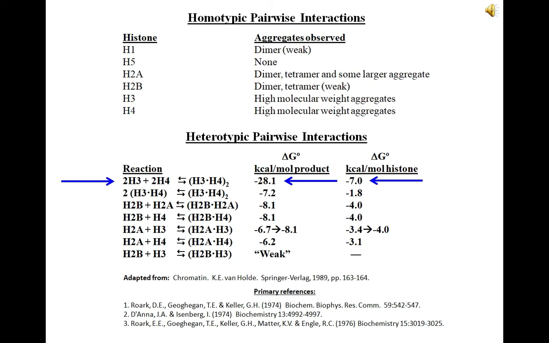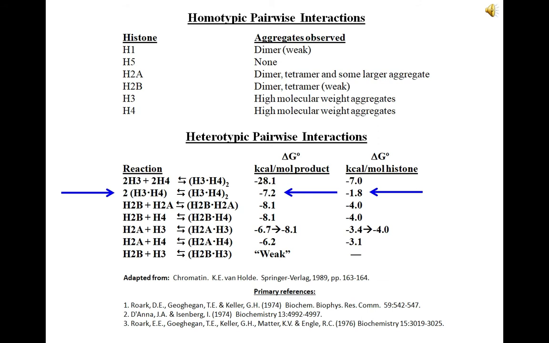By comparison with the next line of data, just below the arrows, we may perhaps be justified in presuming that the lion's share of the free energy change for H3-H4 tetramer formation is to be found in the tendency of individual H3 and H4 subunits to first form dimers, because the next step, association of pairs of H3-H4 dimers to form tetramers, is no more favorable than the tendencies of the members of any of the other heterodimer pairs listed to associate into their respective dimers.